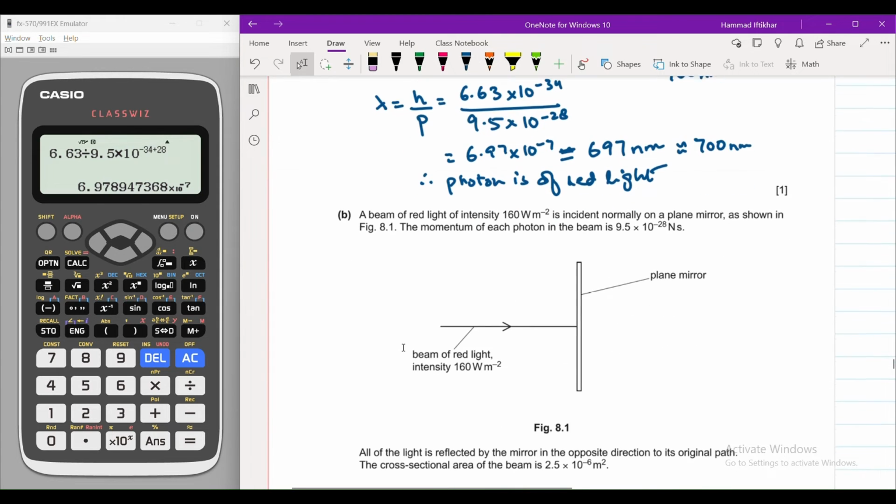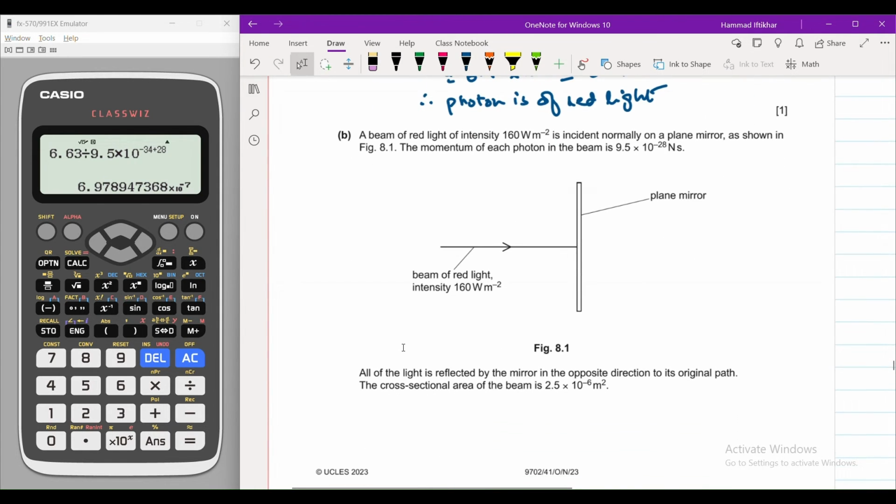A beam of red light of intensity 160 watts per meter squared is incident normally on a plane mirror as shown in figure 8.1. The momentum of each photon in the beam is 9.5 times 10 to the power minus 28.